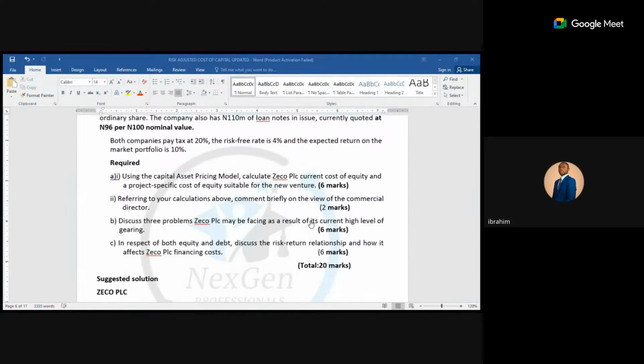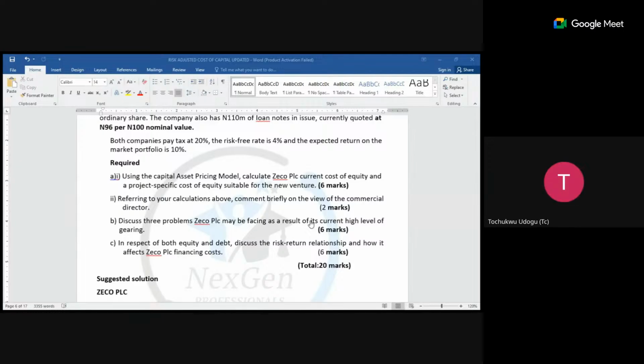Should they consider reconstruction or should they go for liquidation? If you are going for liquidation, who are the first people to be settled? There are so many things we need to discuss under reconstruction and reorganization. So, bankruptcy.